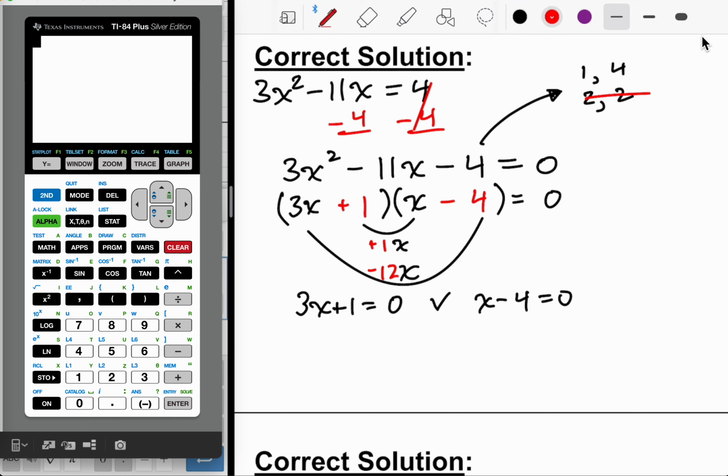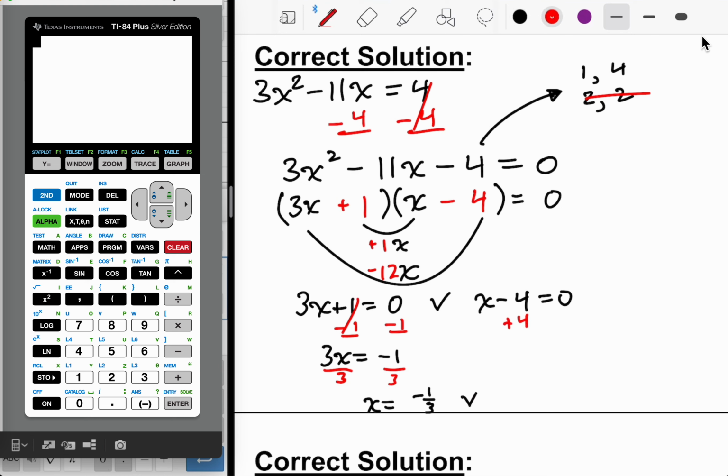I'm going to solve for x in both cases. In the first situation, I'm going to subtract a 1 from both sides, and then divide by the 3. So I'm looking at x is equal to negative 1/3. The other one's much simpler.